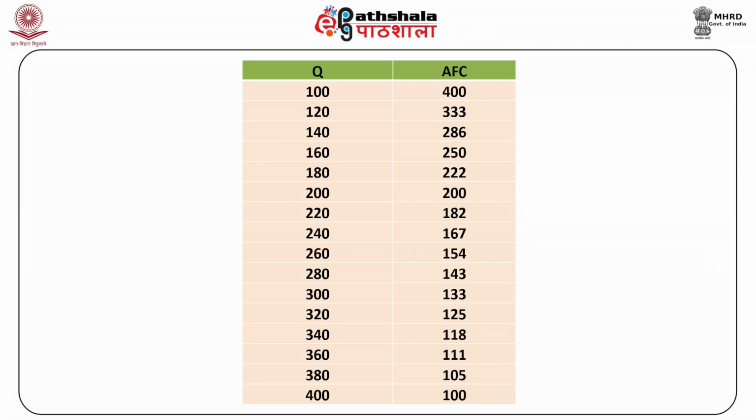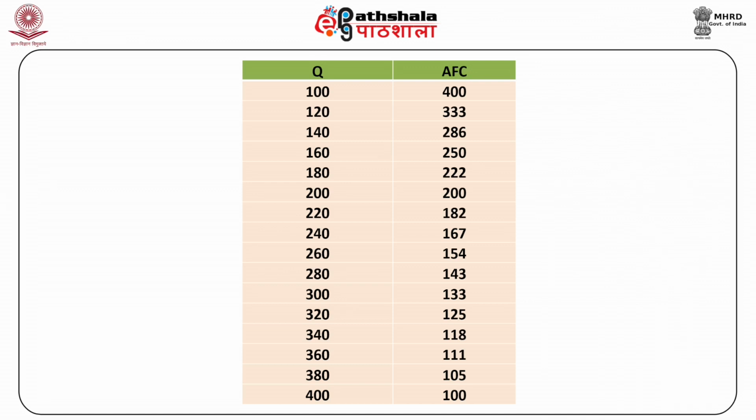So, you would notice that when the quantity is 100, the average fixed cost is 400, at 120 the average fixed cost is 333, and so on it goes. As the output goes on increasing, the average fixed cost goes on declining, but it declines in a very elegant, smooth manner without any bumps, without any restrictions, without any obstacles.